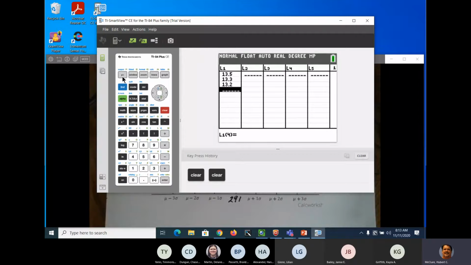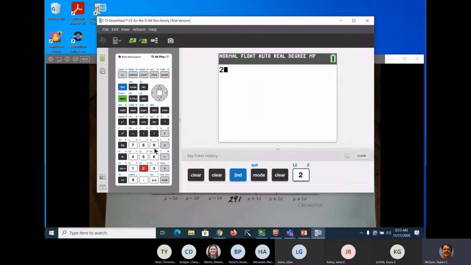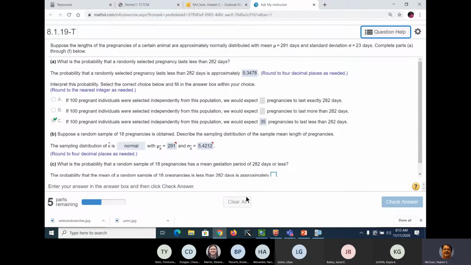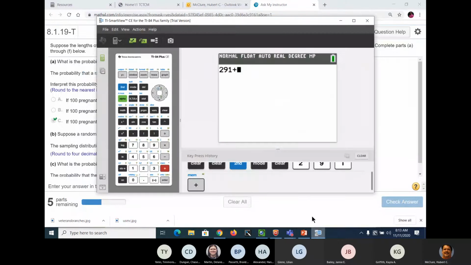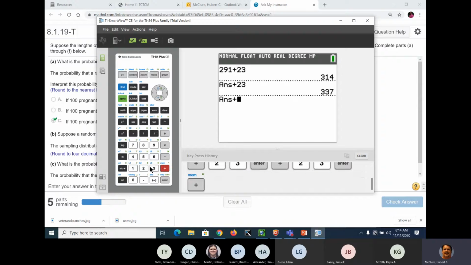So clear, second quit, clear, 291 plus, let me look it up again because I won't ask y'all, 23 plus 23. So that's going to be 314, plus 23, 337, and plus 23, 360.